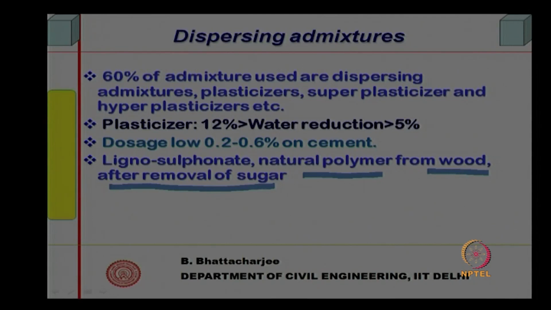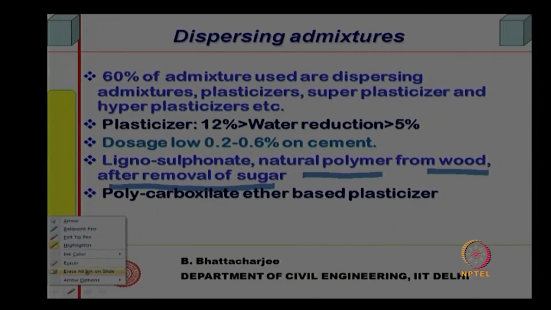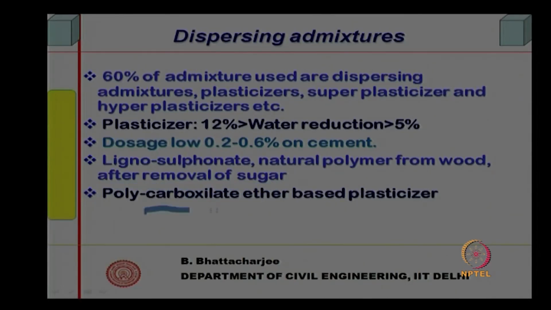We will come to this process a little bit more later. Then there are others like polycarboxylate ether based plasticizers. So, the plasticizer could be either polycarboxylate or lignosulfonate. We will discuss the chemistry a little bit more.